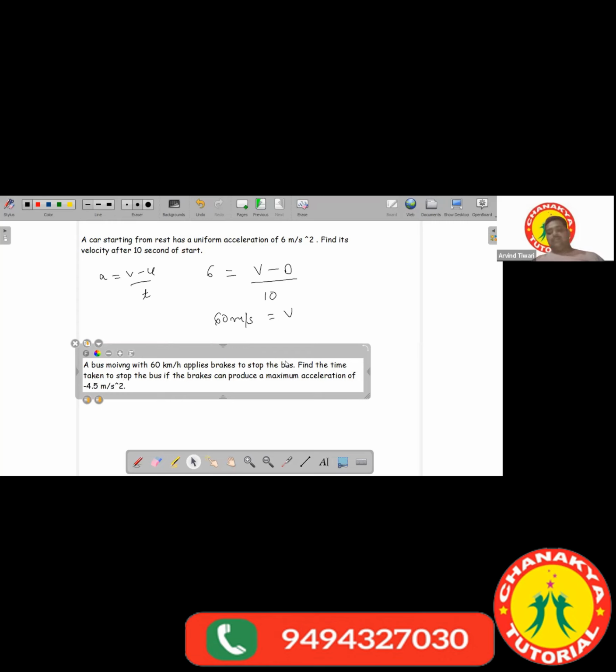Okay, so this is the question. A bus moving with 60 km per hour applies brakes to stop the bus. Find the time taken to stop the bus if brakes can produce a maximum acceleration of minus 4.5 meter per second square.